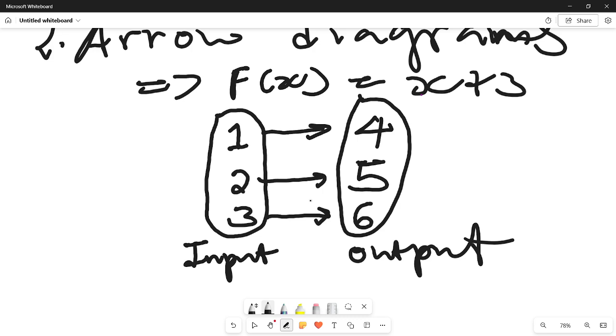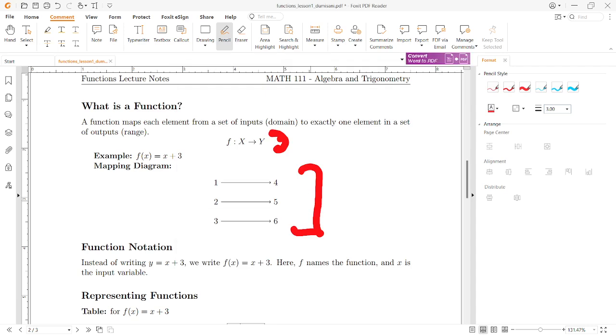However, as we move along, I want you to always remember that in the definition of functions, we said that we are mapping elements from one set to another.